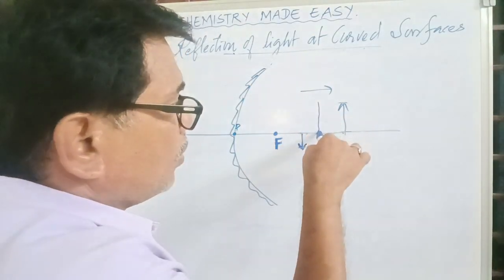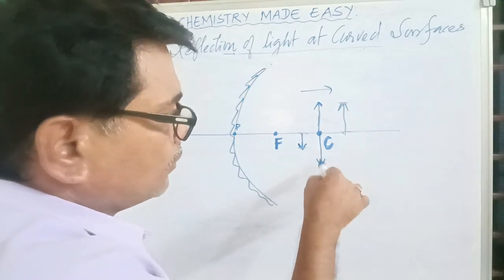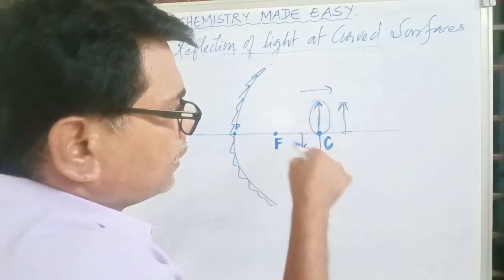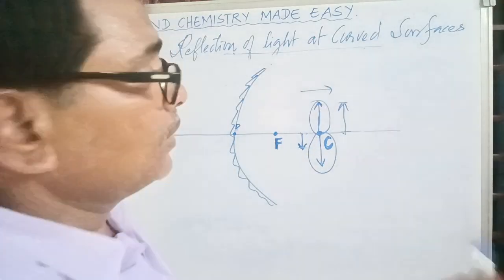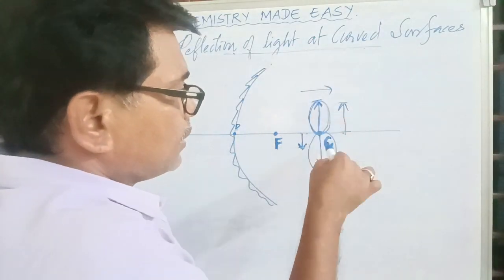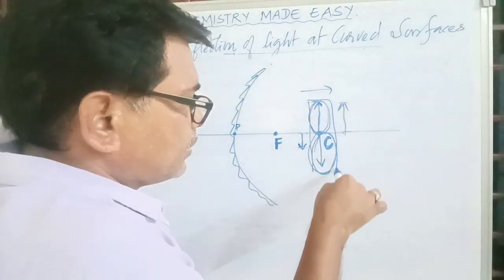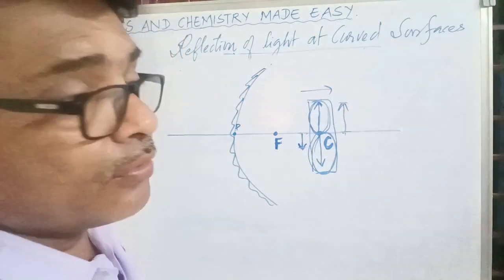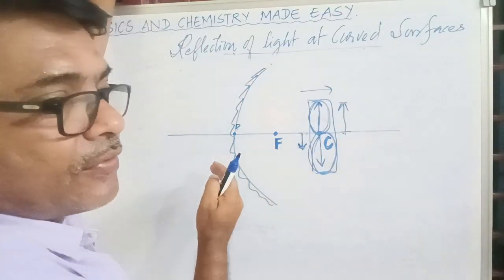When the object is on C, the image will be on C. The size of the object and the size of the image will be the same. At this point only these two are the same. And the other thing I told you, if the object moves towards right, the image moves towards left.